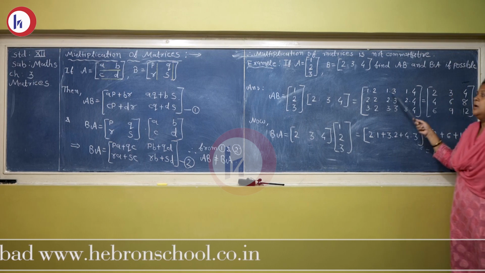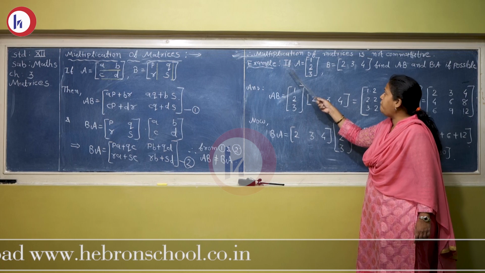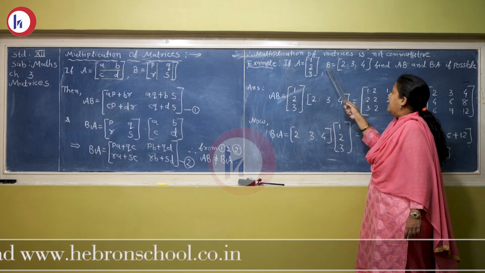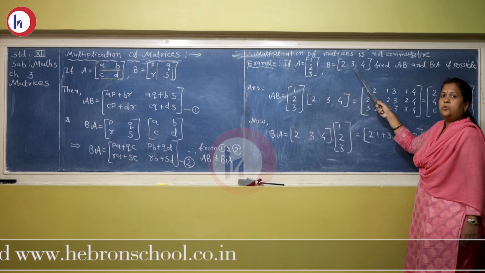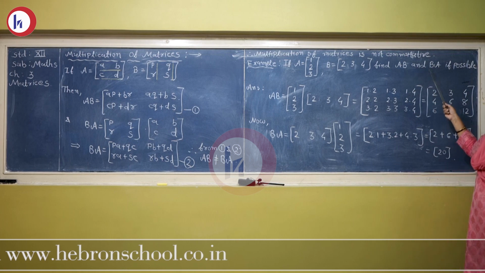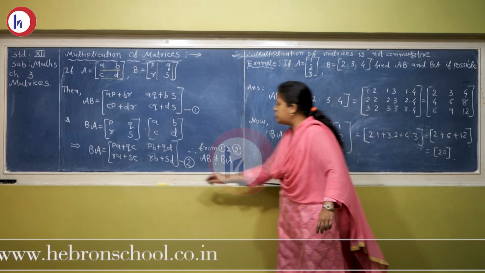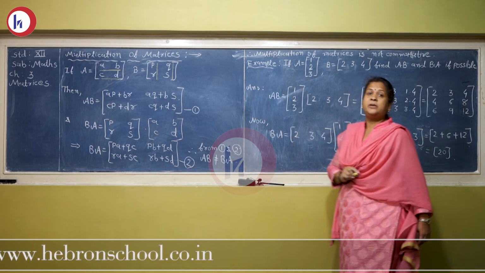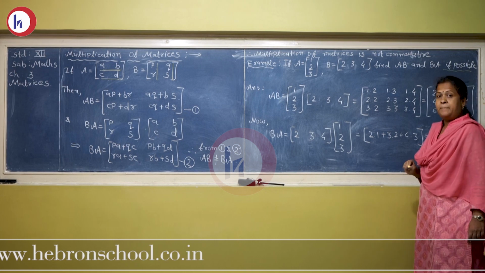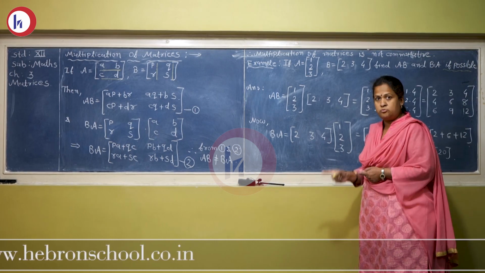Now let us study one example of the multiplication of matrices. If A equals 1, 2, 3 and B equals 2, 3, 4, then find the value of AB and BA if possible. Here first I want to show you one thing. Why have I written the statement 'if possible'? Because in the case of multiplication, first we have to check the type of the matrix.